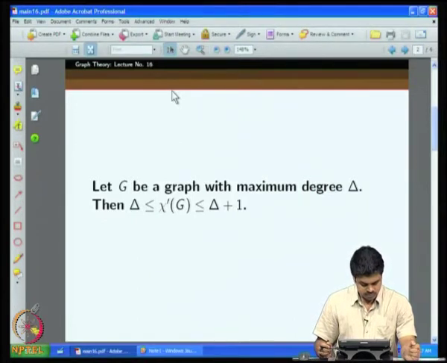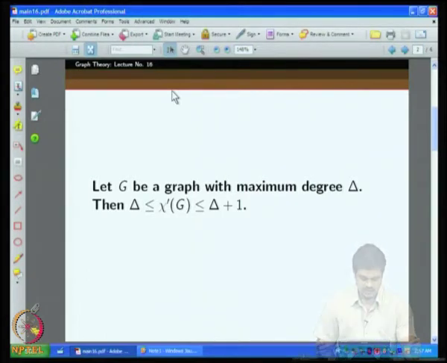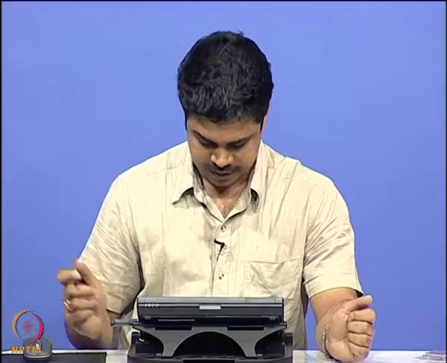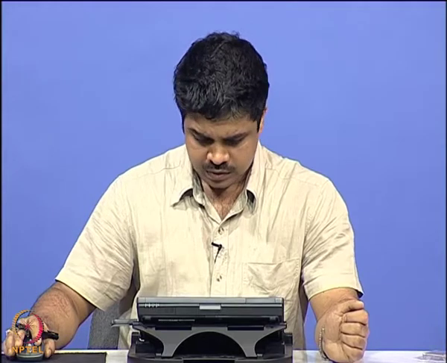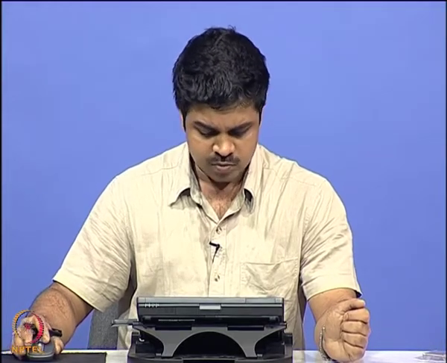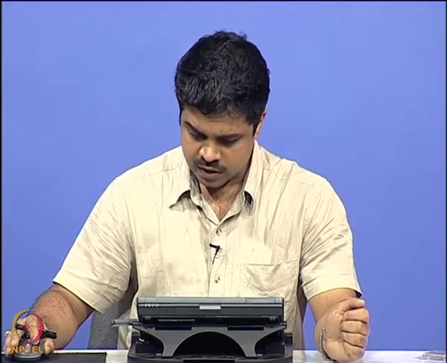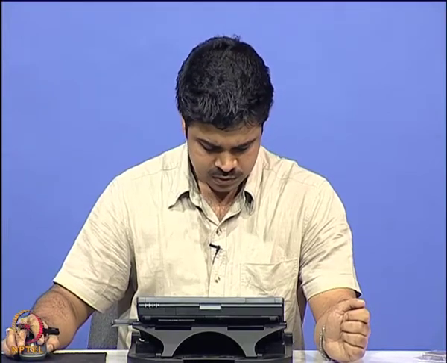Depending on whether it is delta or delta plus 1, we call it a type 1 graph or a type 2 graph. Now we were in the middle of the proof, so we will look at that once again.